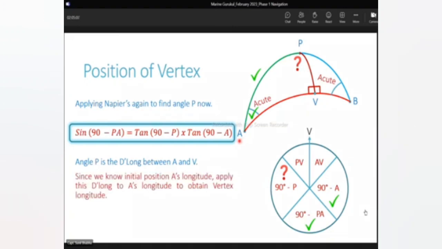Since we know the initial position of the ship, we know the longitude of position A. When we apply this d long to the longitude of A, it gives us the longitude of the vertex. So latitude and longitude of the vertex have been found out by applying the Napier's rule. Two applications of the Napier rule give us the position of the vertex. This is how the vertex position is obtained.